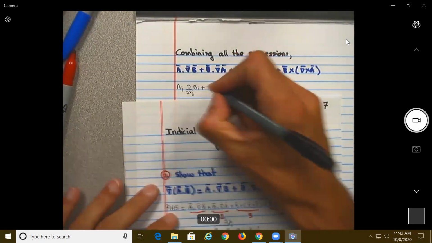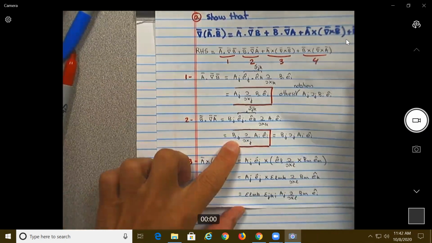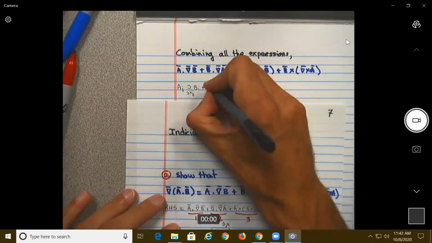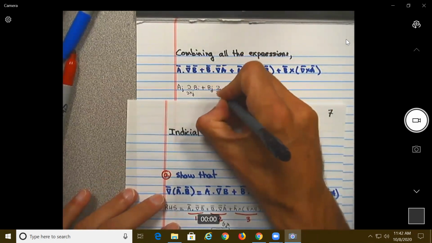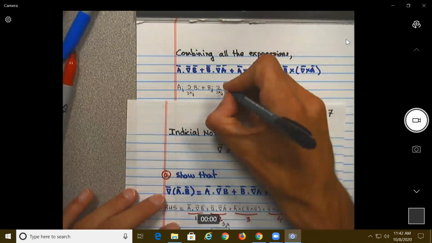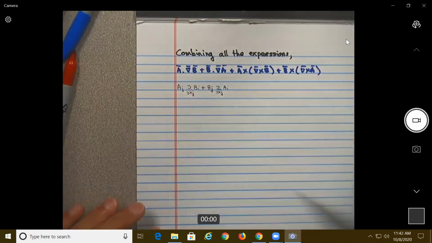Plus the second expression is this one over here, so the bj partial xj of a sub i. All right.